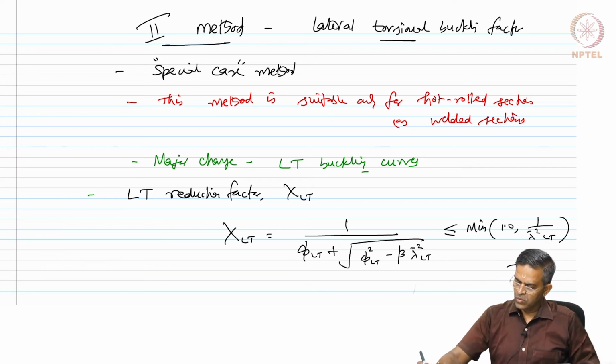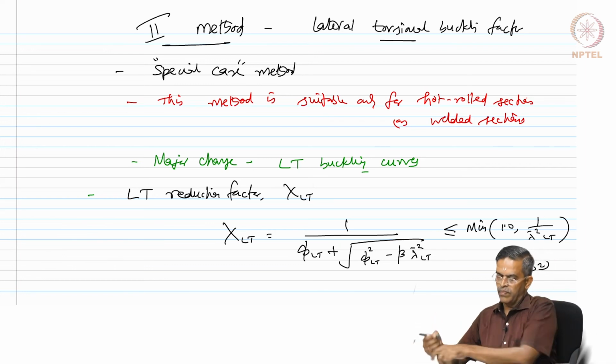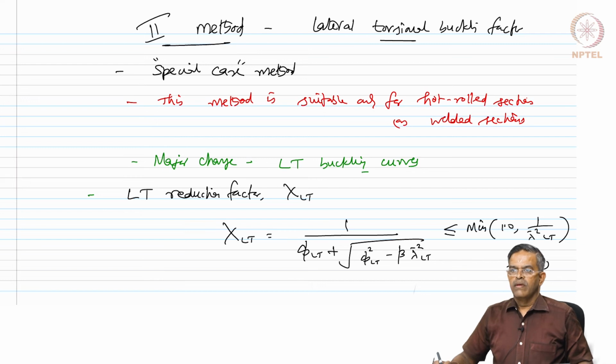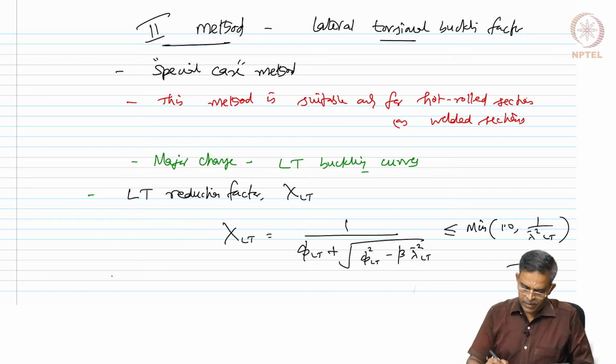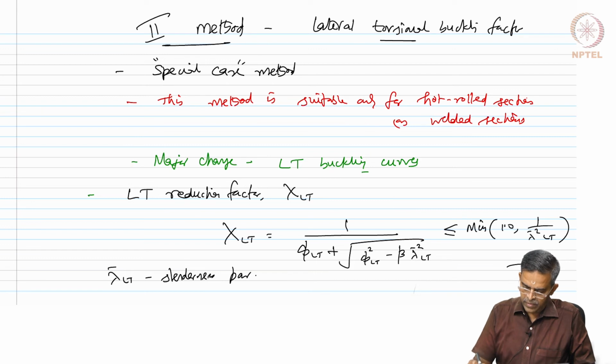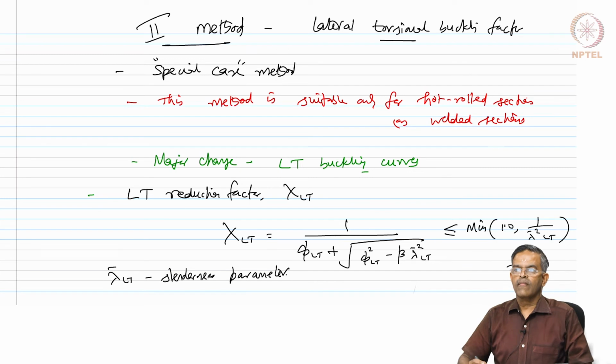Equation 32. Where lambda bar LT is the slenderness parameter.